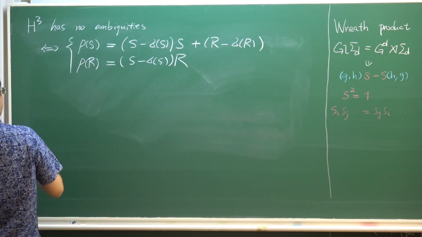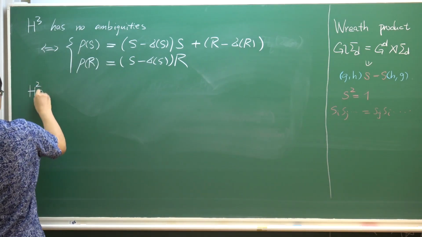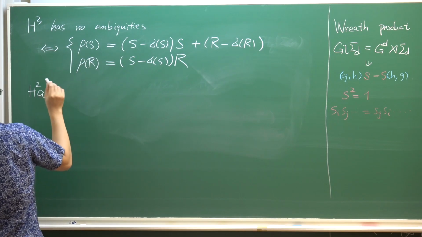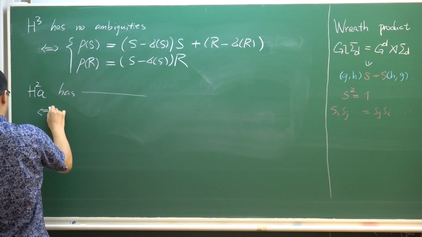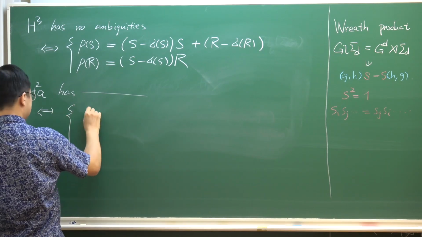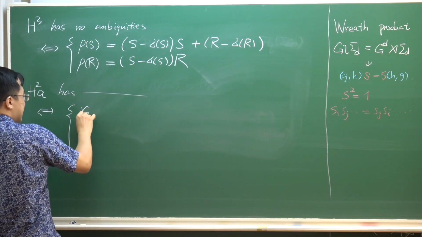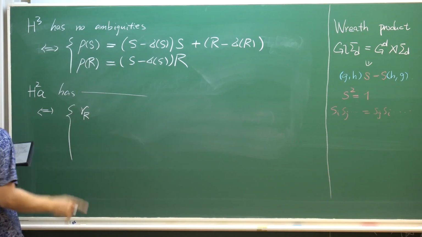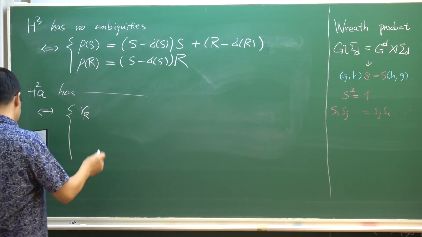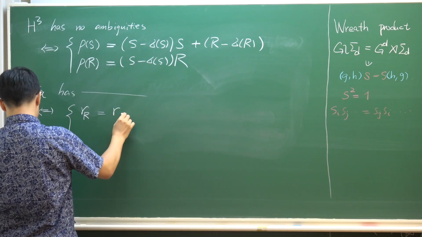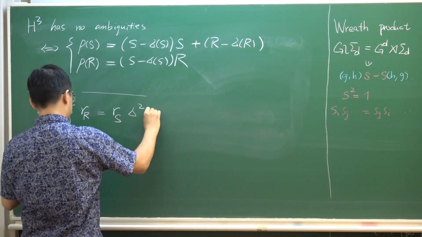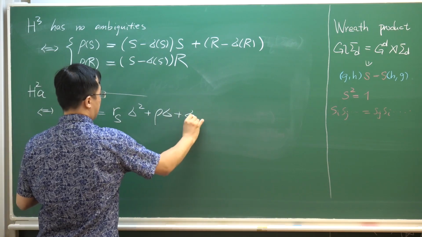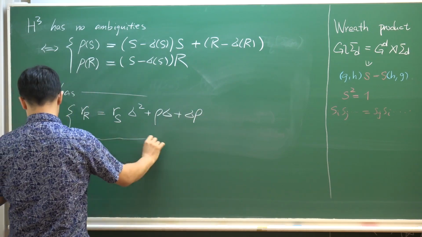And then you have H2A, which has no ambiguities if and only if something nasty. So this is the right multiplication with respect to the choice of parameter R. This equals the right multiplication S then sigma square plus rho sigma plus sigma rho, and there's another one.